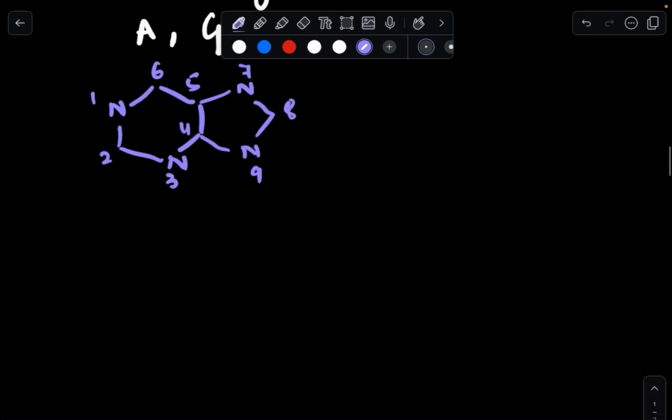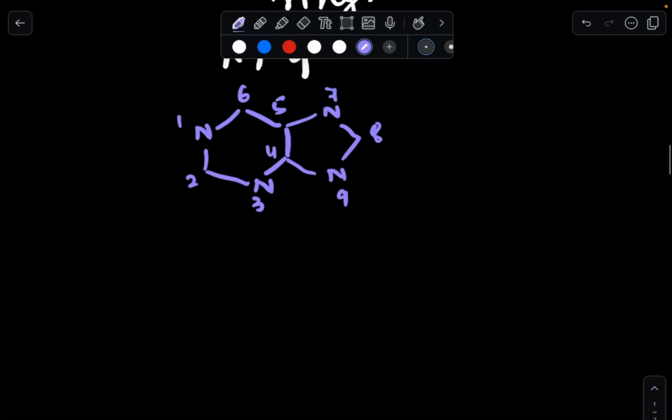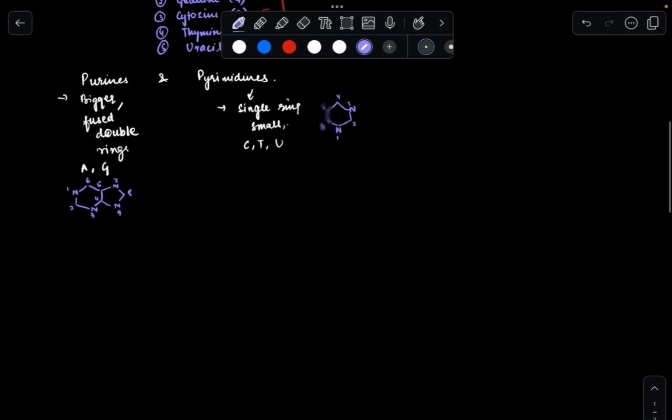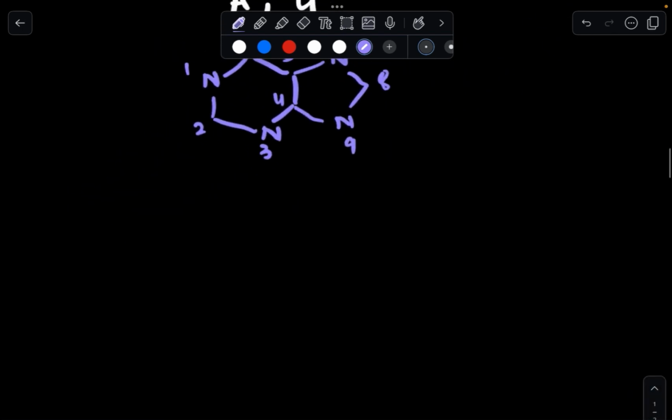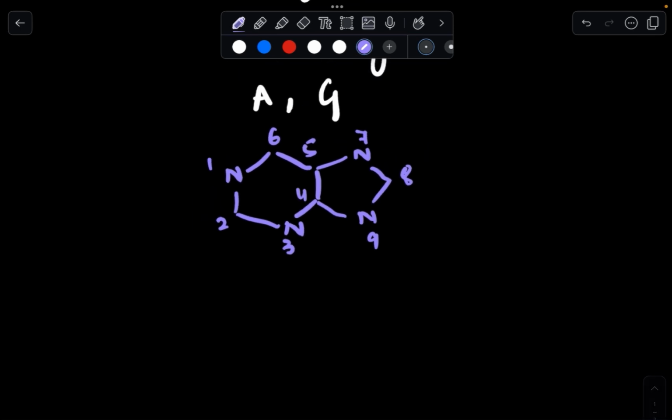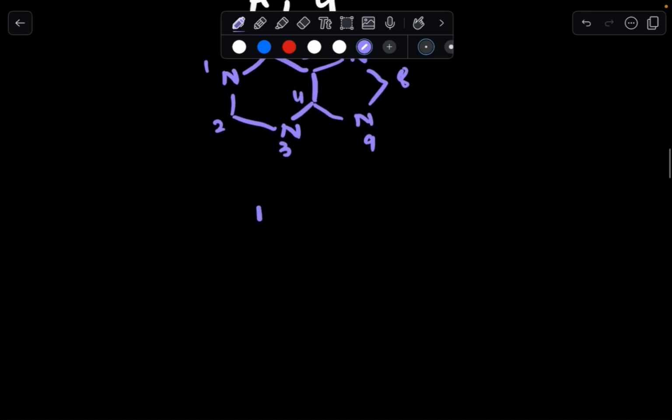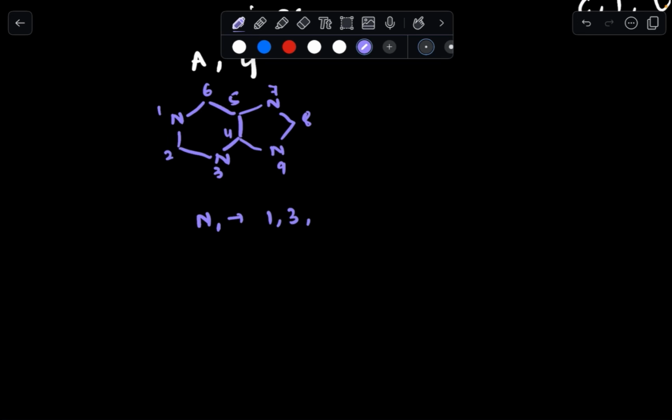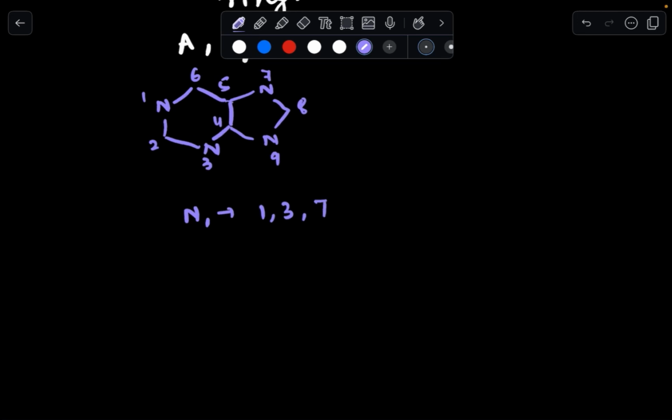But remember, in purines the nitrogen is present only on odd numbers, like 1, 3, except 5, because from 5 it is joining, and then on 7 and 9.